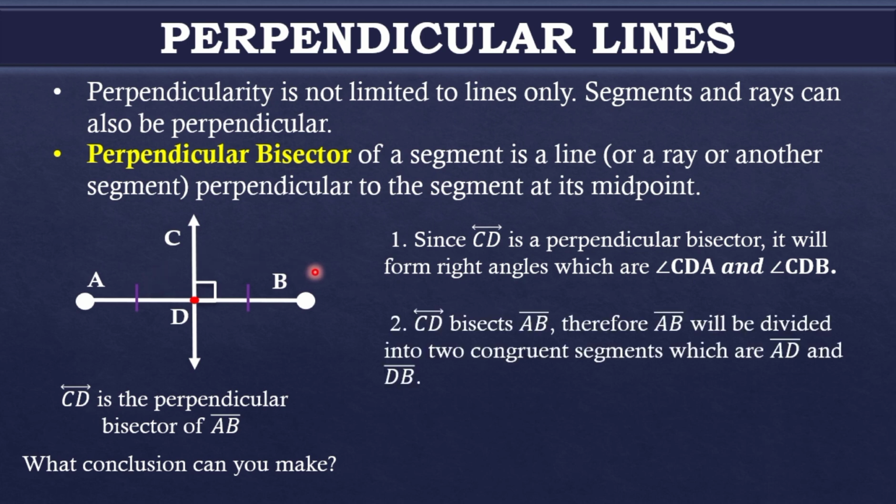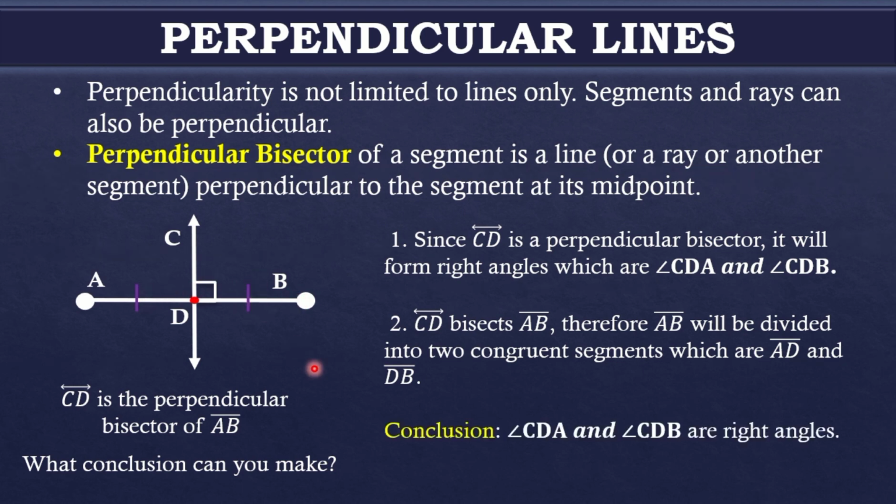Okay? Next, another conclusion is line CD bisects segment AB. Okay, so kung hinati niya si segment AB, ibig sabihin, si segment AB will be divided into two congruent segments. Mahahati to into two congruent segments kasi bisect, perpendicular bisector. So, ano yung dalawang congruent segments natin? Segment AD and segment DB. Nahati siya sa dalawa.